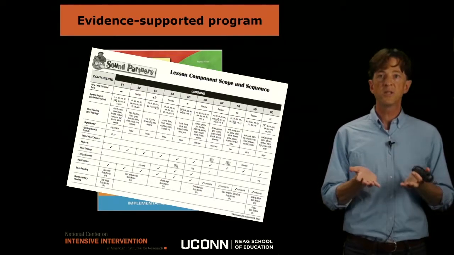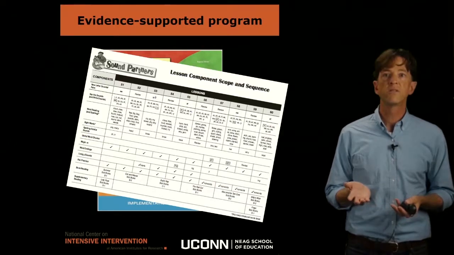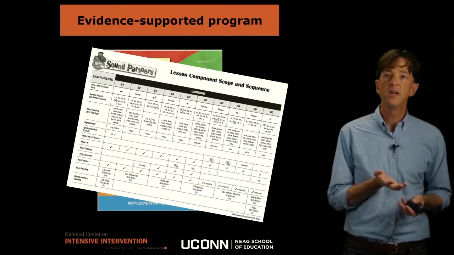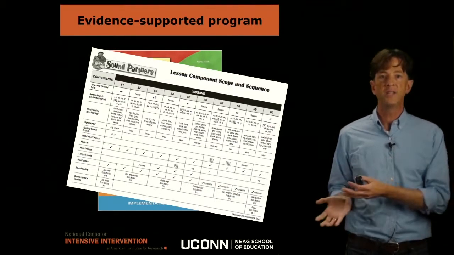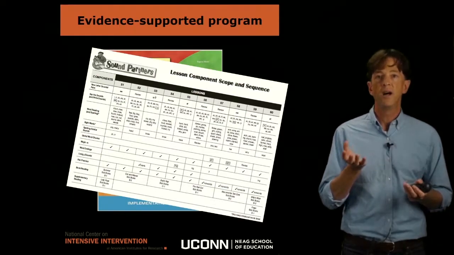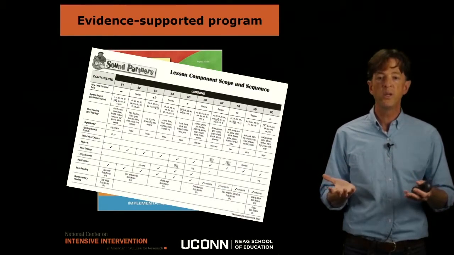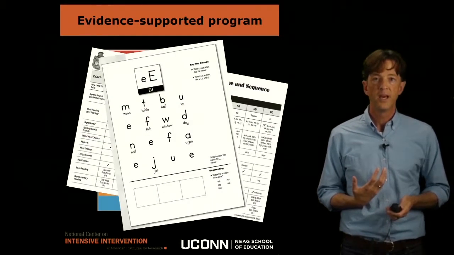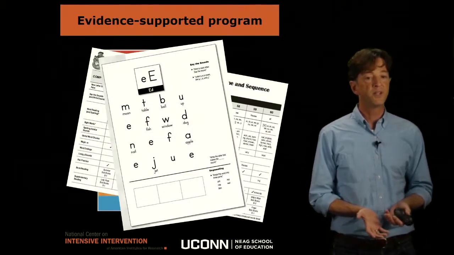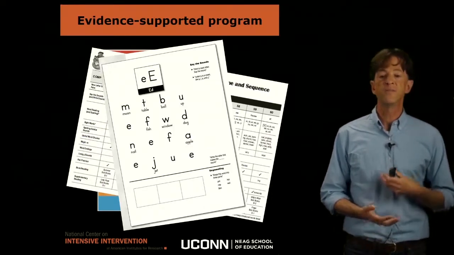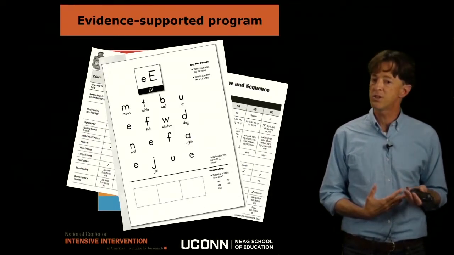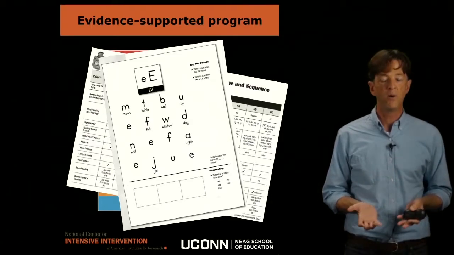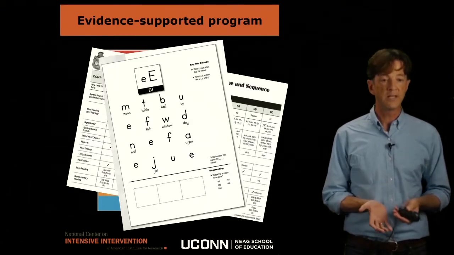You can't really see this, but this shows lessons 51 through 60 and talks about how these skills build over time and how things are introduced and reviewed so that the sequence of lessons has been really thought through carefully. And also, it comes with very specific lesson plans, so it gives the interventionist or the tutor or the teacher real guidance and direction about how they should implement each lesson.